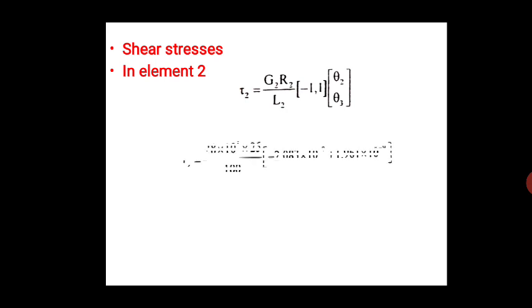Substituting G2 as 28 into 10 raised to 3, R2 as 25, and length L2 as 100, and multiplying the displacement vector as minus 2.083 into 10 raised to minus 9 plus 1.961 into 10 raised to minus 9.